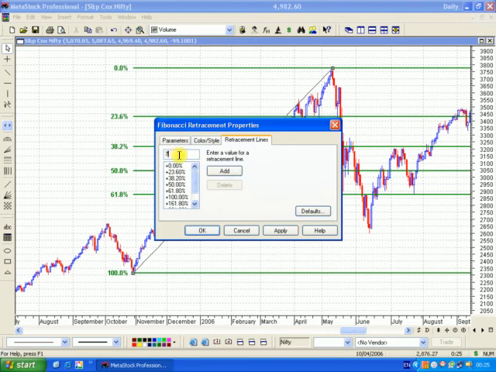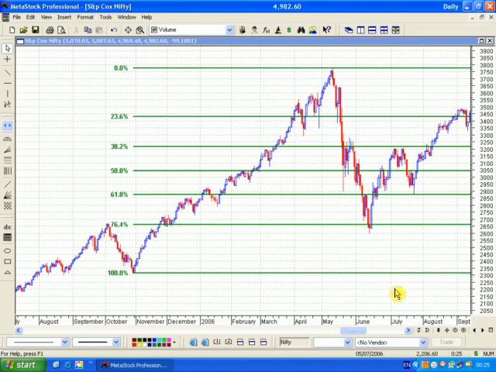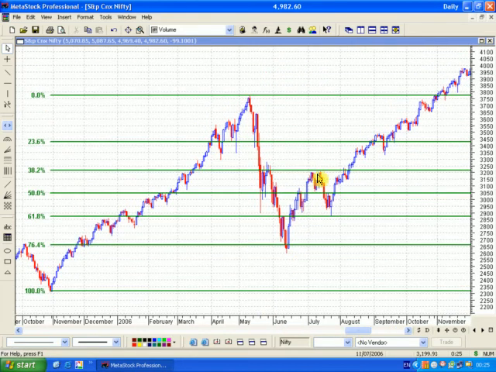Now one of the numbers is not here, I'll have to add it here, 76.4. So it found support near the 76.4% level, went up, found resistance near 38.2, support near 61.8, and finally went up.